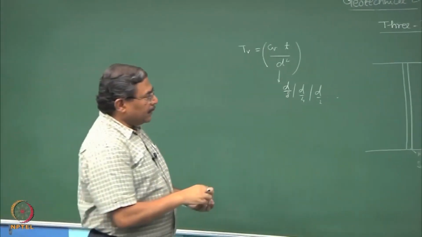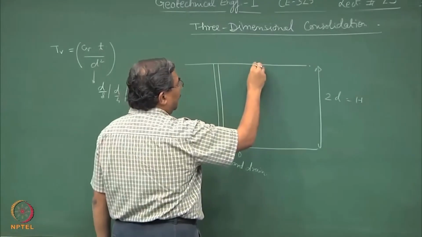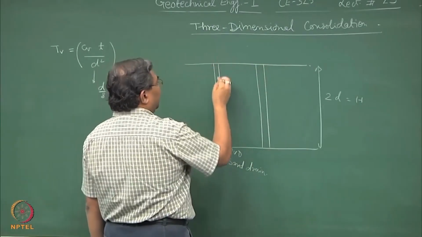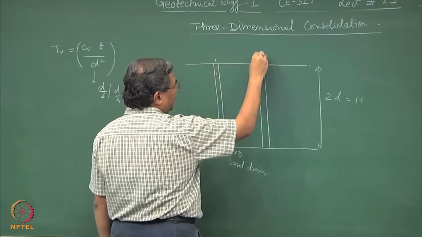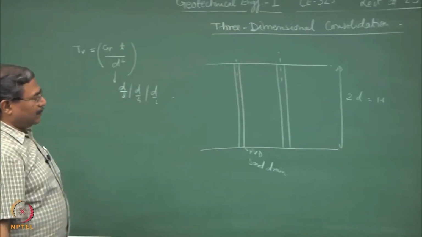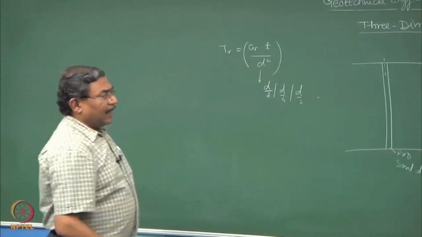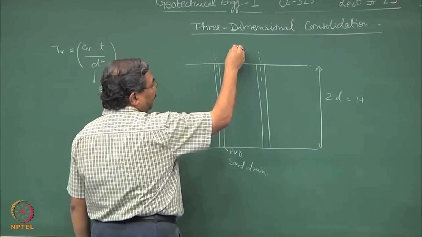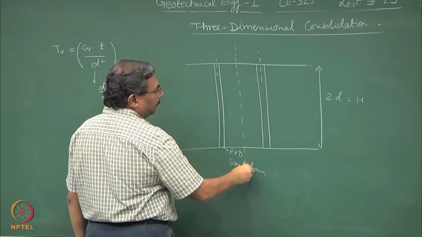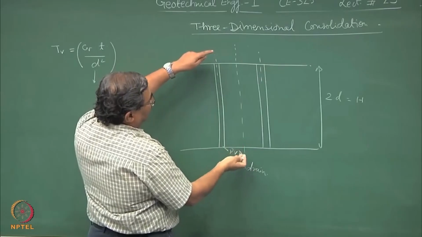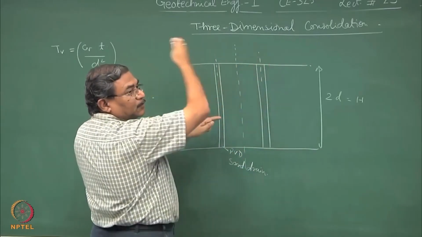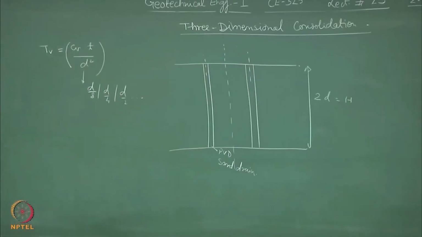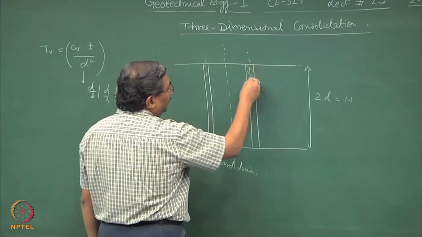Now, by inserting this, I hope you will realize that if this is the axis of these PVDs or the drains, I have reduced the drainage path. So, drainage path is now going to be somewhere in the middle of this system. If I rotate this whole thing by 90 degree, it becomes the situation which I have already discussed. So, these are the drainage layers, all right.